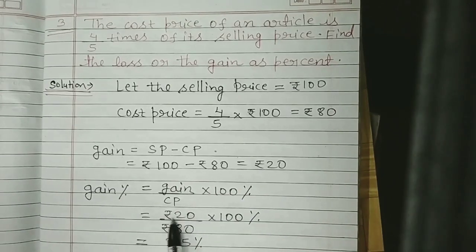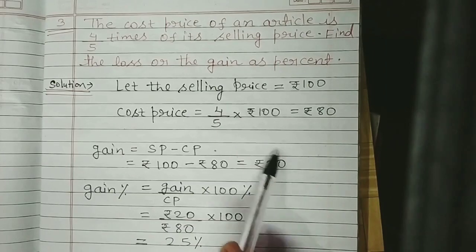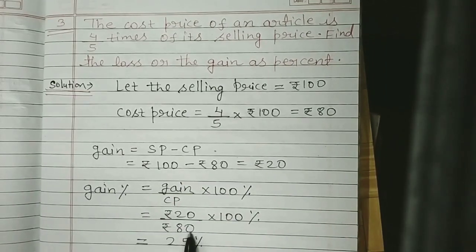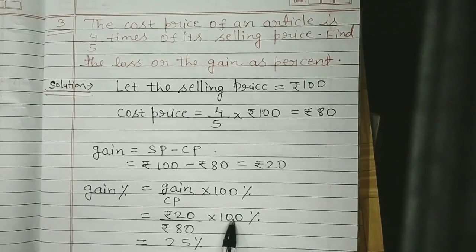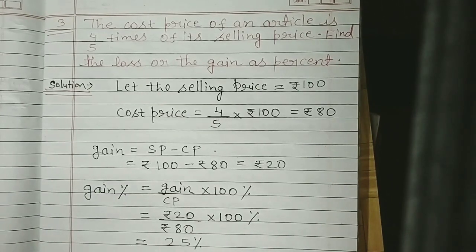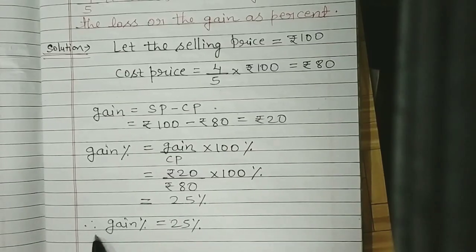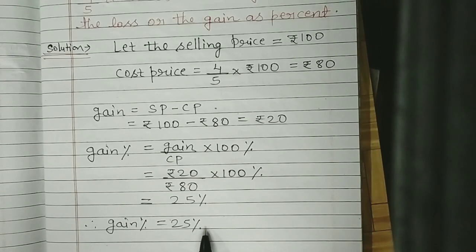So I have written rupees 20 in place of gain, as we have already calculated here, by rupees 80. I have written rupees 80 in place of CP into 100%, and after solving this it is equal to 25%. Clear? So here the gain percent is equal to 25%, and this is our final answer. Clear?